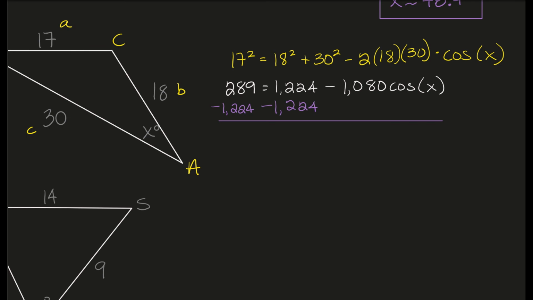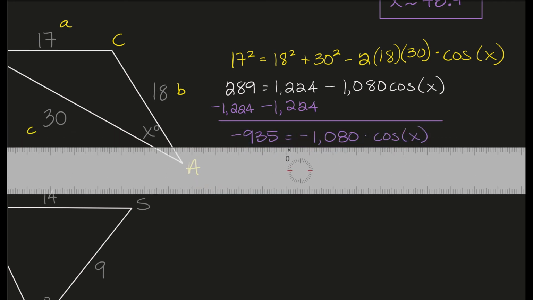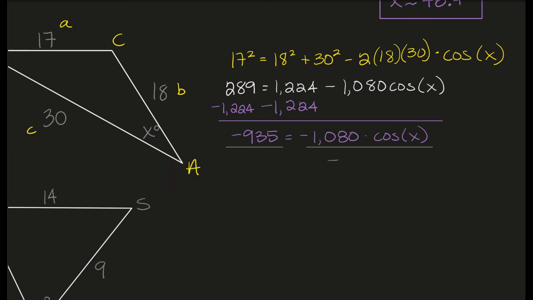And this is going to give me negative 935. We want cosine x by itself, so we're going to divide by the coefficient in front. So here we'll divide by negative 1,080.